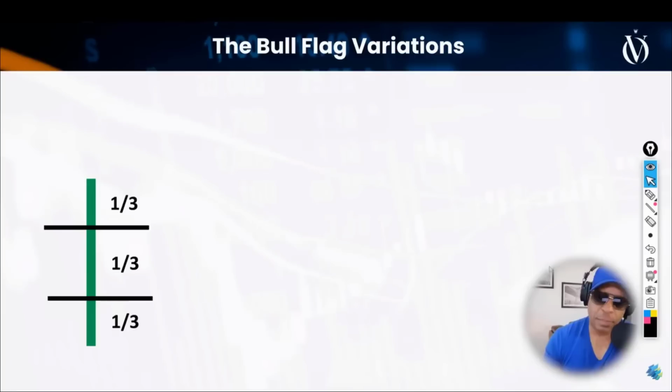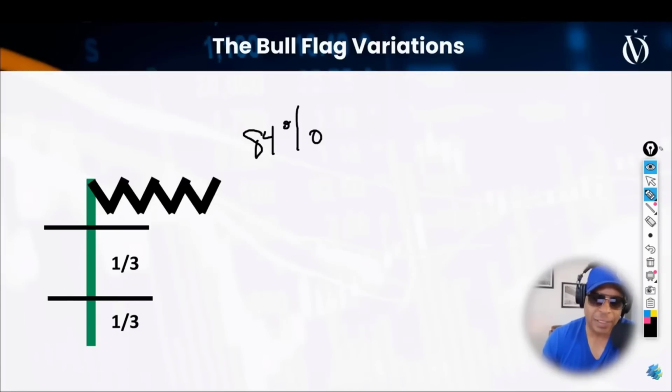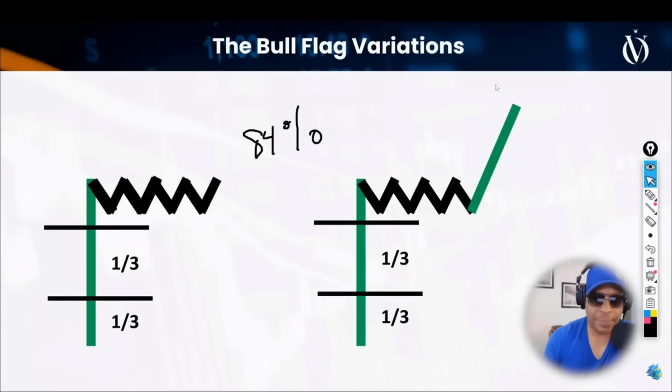Because in order to have a flag, what we need is this: when the stock is ready to rest, when the stock is ready to pause, if that pause happens to occur in the top third of the power move's range, if the resting period is in the upper third of that move, you've got something like an 84% chance, boom, this happens.